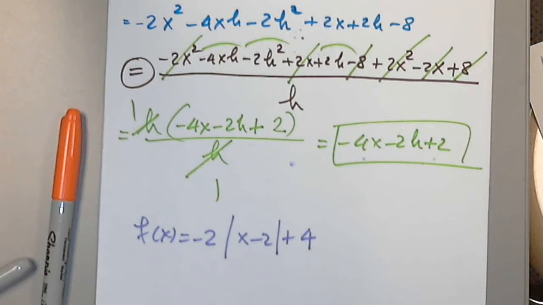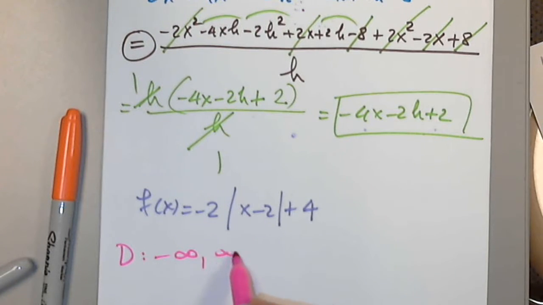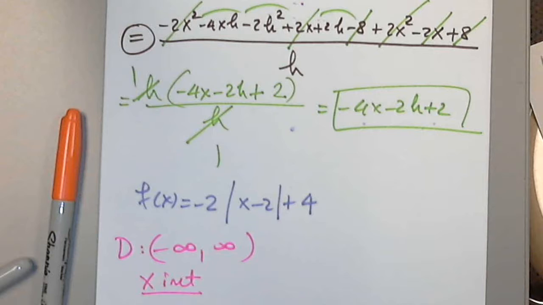So let's start by finding the domain first. What is the domain of this function? All real numbers, right. No headache, no problems. Good. How do I find the x-intercept of such a function, or any function?